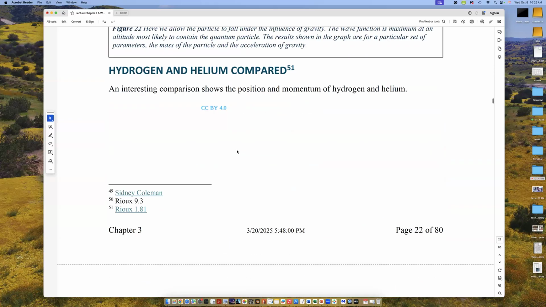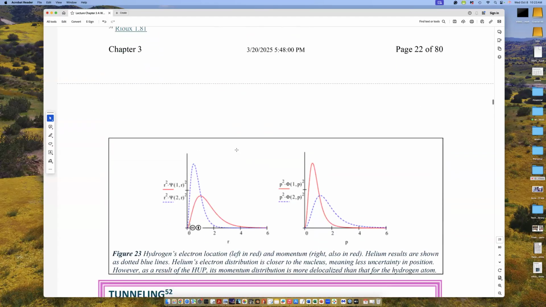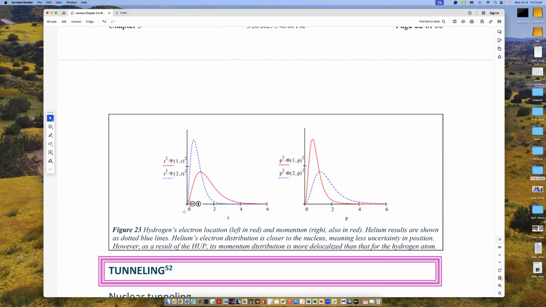We can also compare different atoms. What we have here is, in a hydrogen atom, where are we most likely to find the electron? That place is right here.